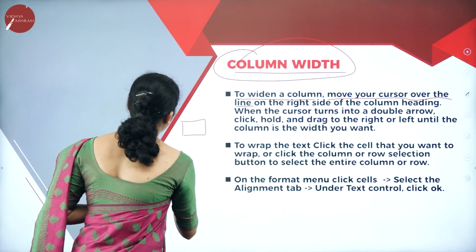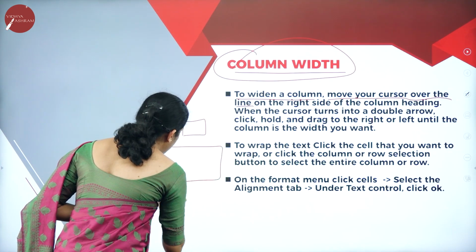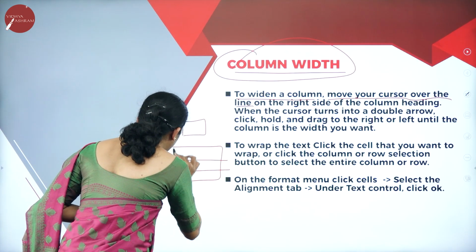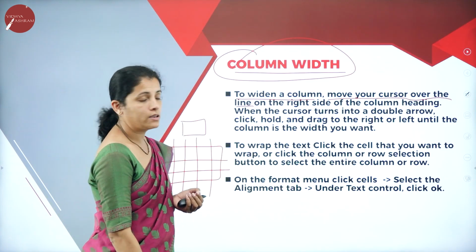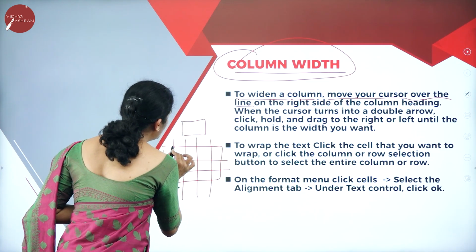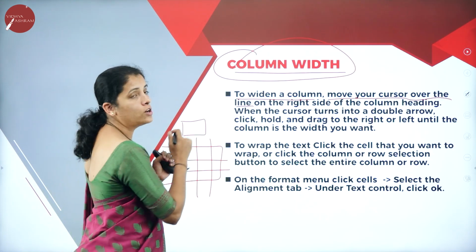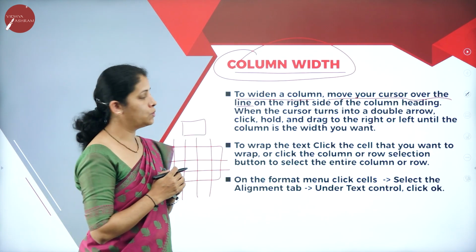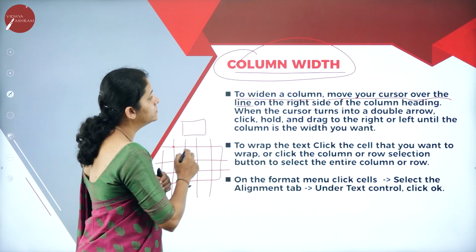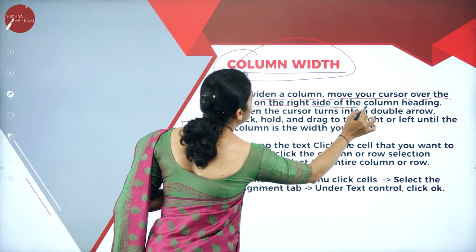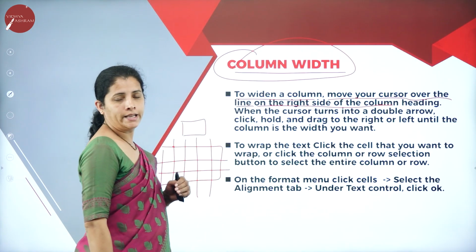Consider the example here. Think that this is your Excel sheet and this is your column. Suppose you want to widen the column size, what do I want to do? I want to move the cursor here, on the right side of the column heading.